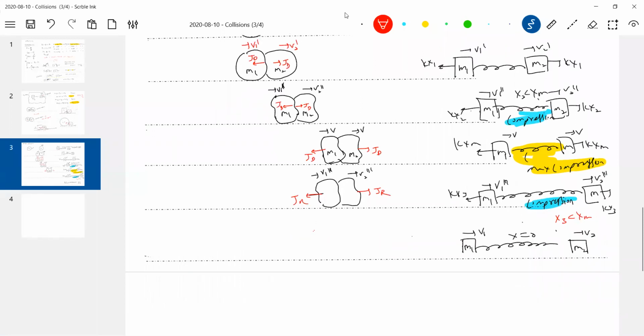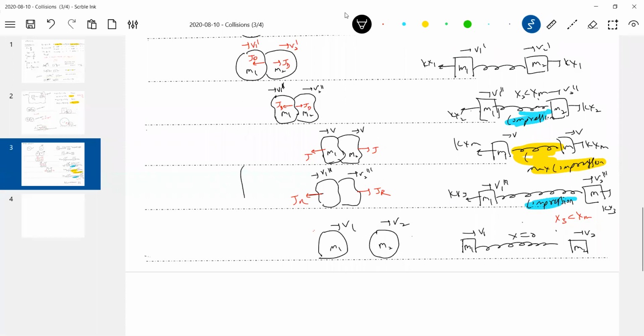One more, we'll take it. And finally, what will happen? The bodies will acquire velocity V1. This is V2. This I'll call only J. It will be much easier for us.